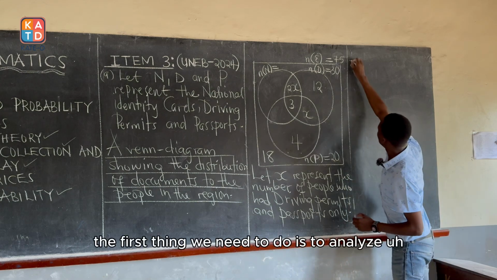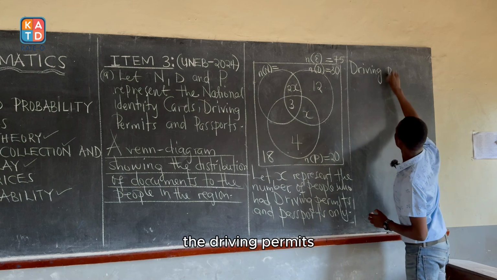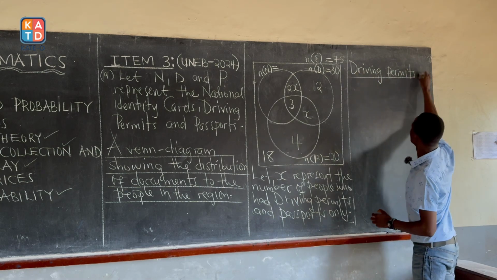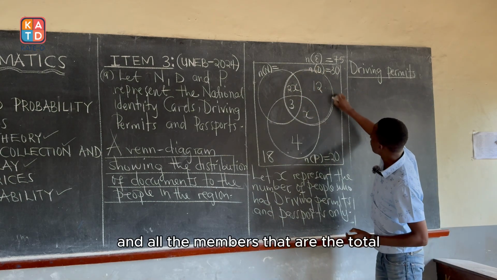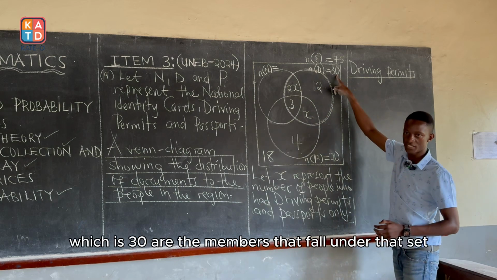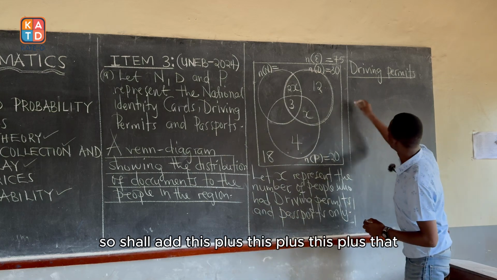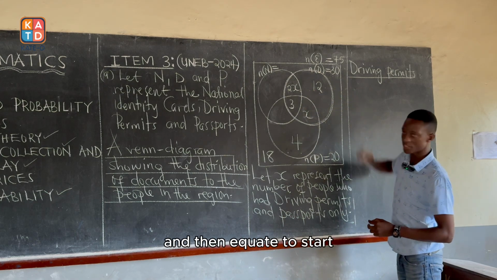So in actual sense, the first thing we need to do is to analyze the driving permits, those people who had driving permits. Its analysis is that this is one set, and all the members that are the total, which is 30, are the members that fall under that set. So we shall add this plus this plus this plus that, and then equate to 30.